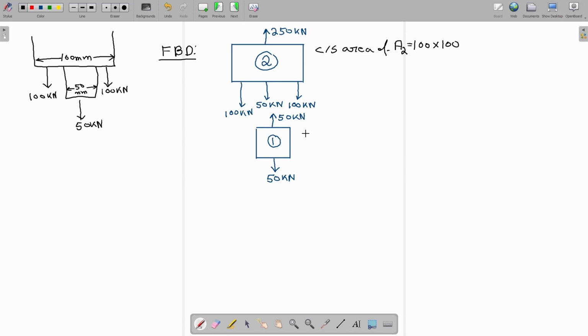So we can write the cross-sectional area of body 1, say A1, as 50 into 50. This is millimeter square. This is also millimeter square.